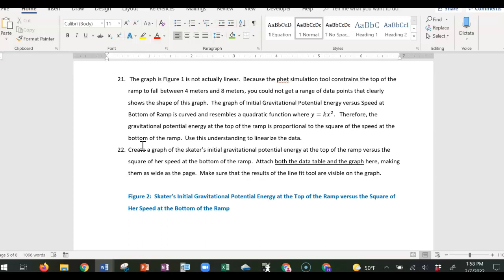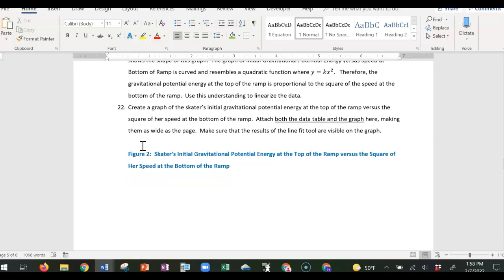It's curved and it looks like a parabola, okay? And so we need to linearize this before we write a physics equation for it. And so we're going to create a graph of the gravitational potential energy at the top of the ramp versus the square of the skater's speed at the bottom of the ramp.